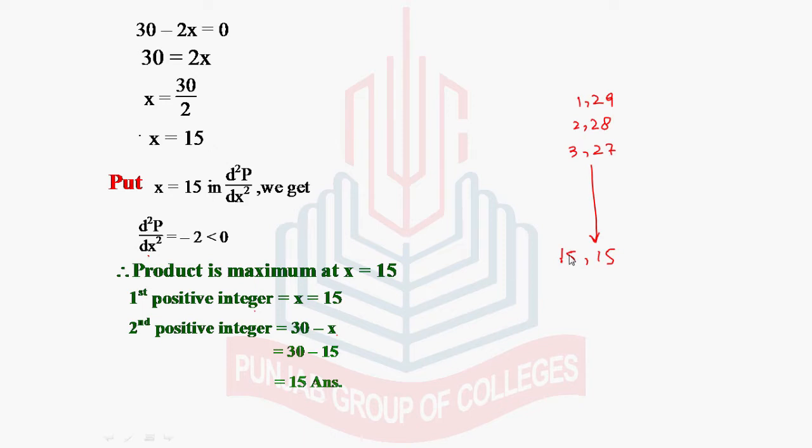As already discussed, if the sum is 30, that is an almost simple case to do manually. But if the sum is 300 or 3000, it becomes a lot more difficult to find the product which returns a maximum value. So this one is question number 1.